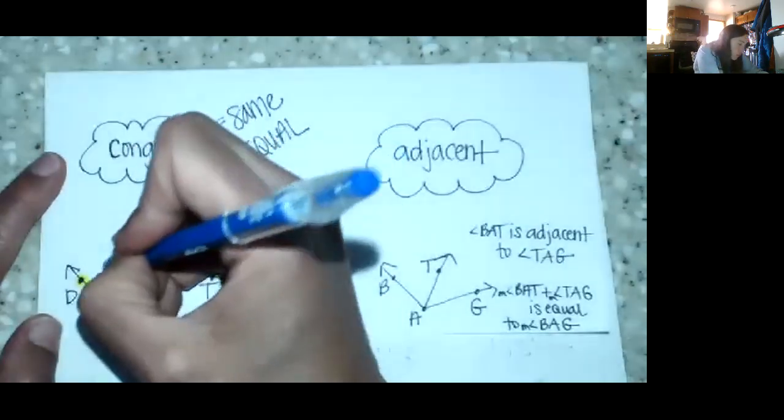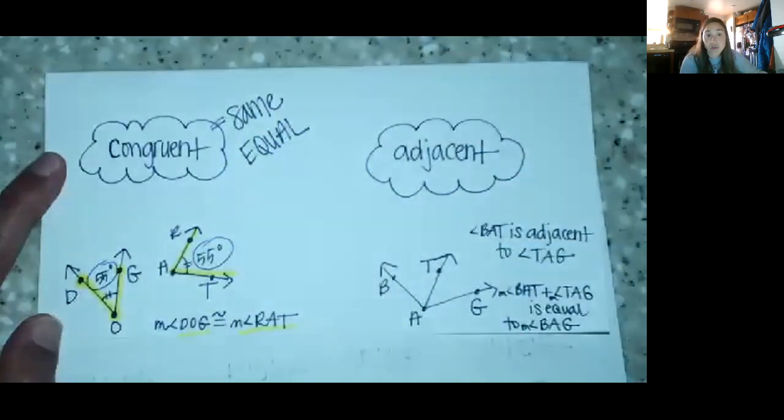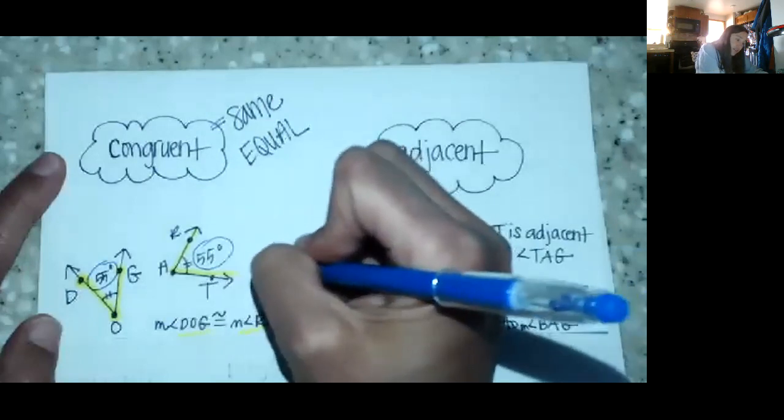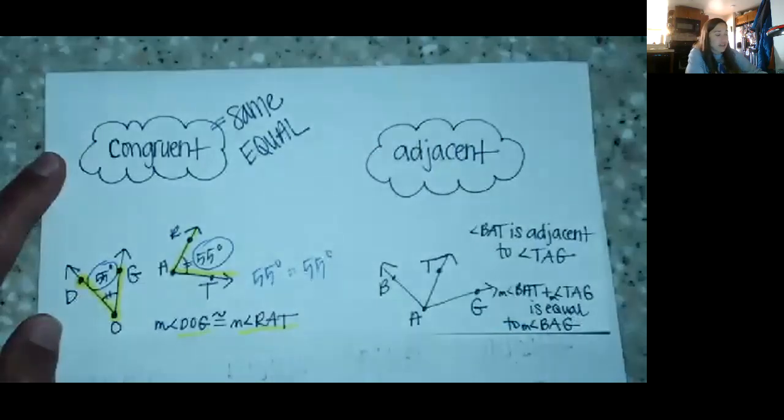You want to look for how the angles are marked based on their degree. So I know they're both equal to 55 degrees. If one is equal to 55, then I know the other one is equal to 55, and therefore they're the same, or congruent. But you're also going to notice something else right here at the vertex. It looks like a little curve with two little slashes on it.